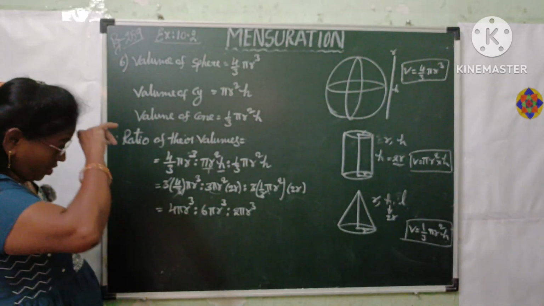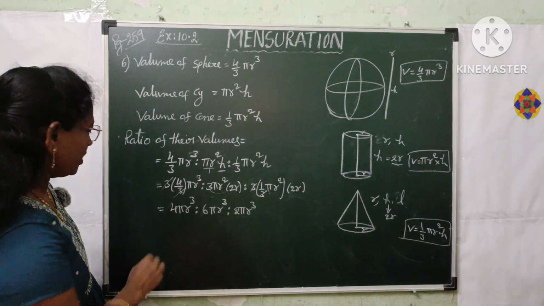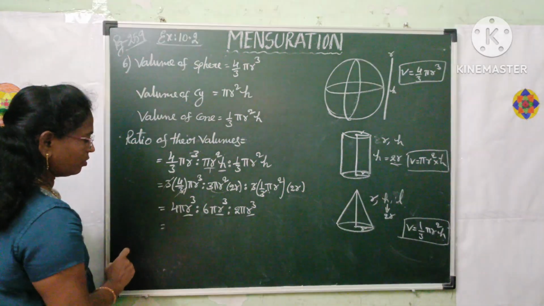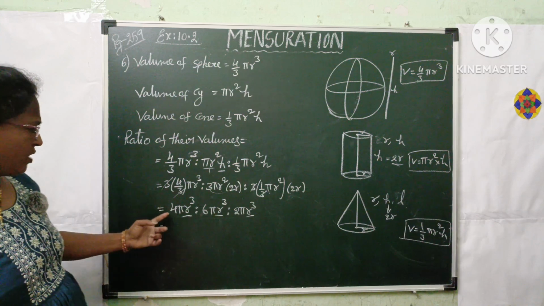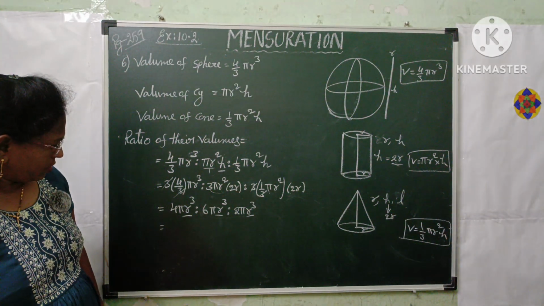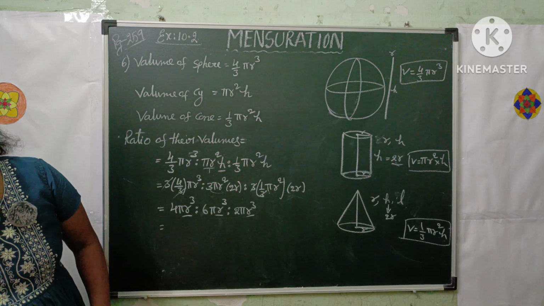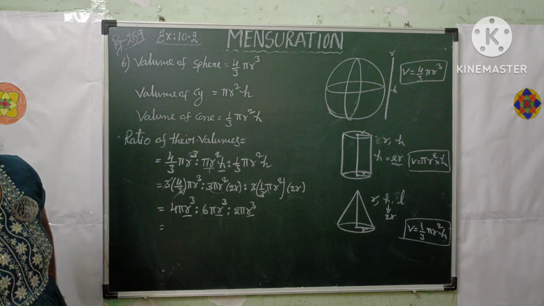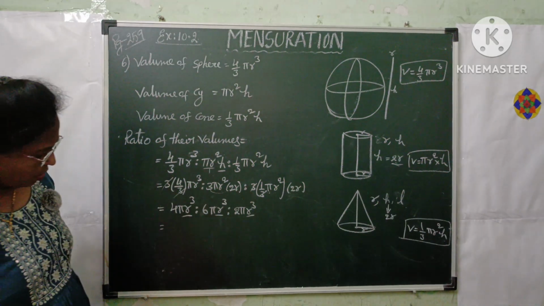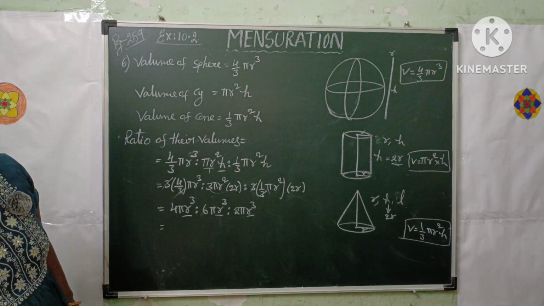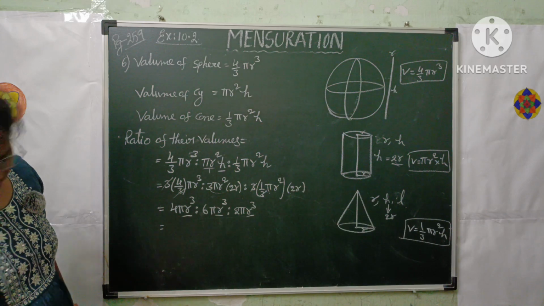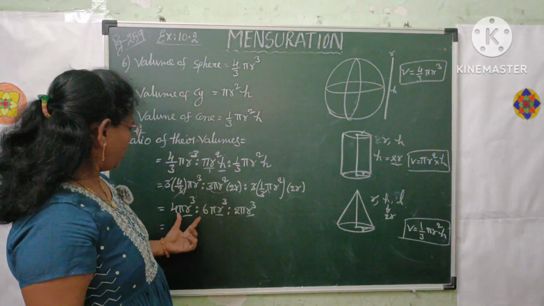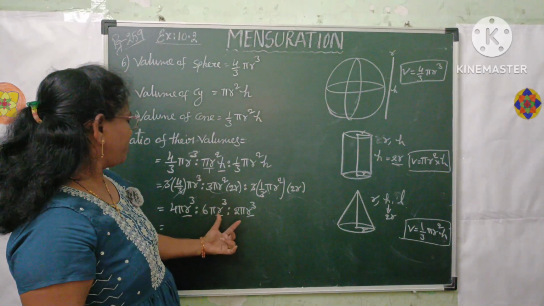Now anyone can take it as common. Yes, the radius. We have to take it as common. 2 divides all of them. Yes or no? I am taking pi r cube as common in all three volumes: pi r cube, pi r cube, pi r cube.